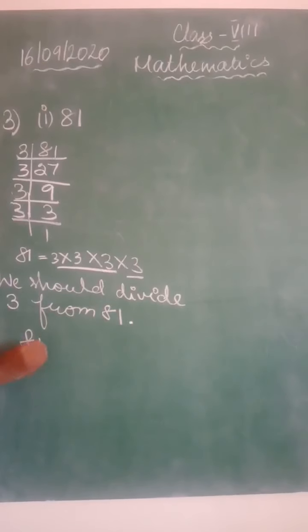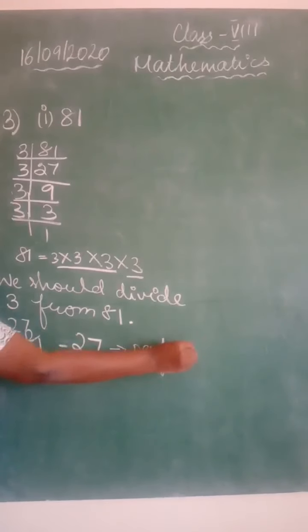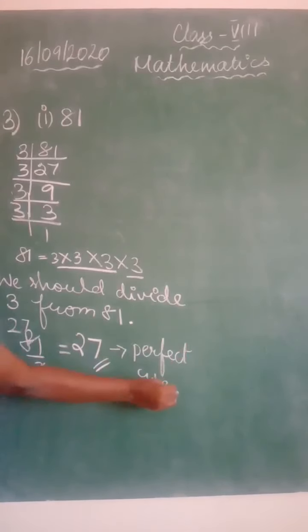So if you divide 81 divided by 3, what will you get? 3 2s are 6, so 2 remaining, 21, that is 27. So 27 is the perfect cube. Okay. Understood all of you?